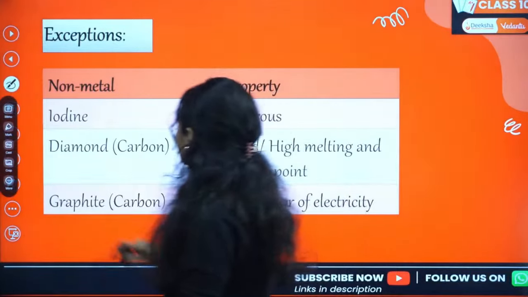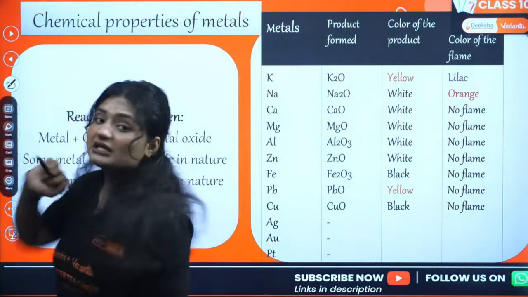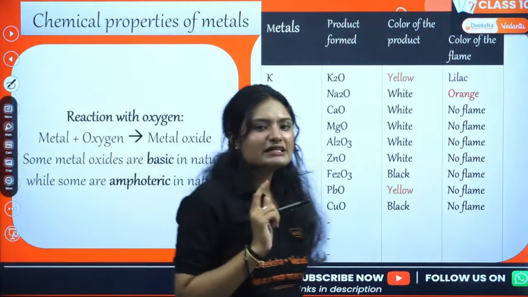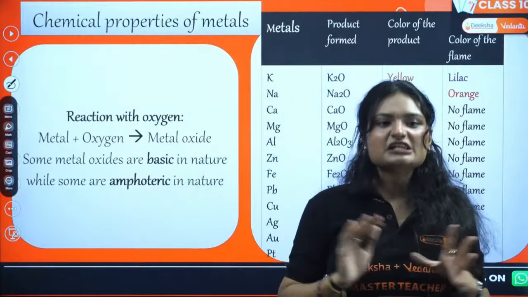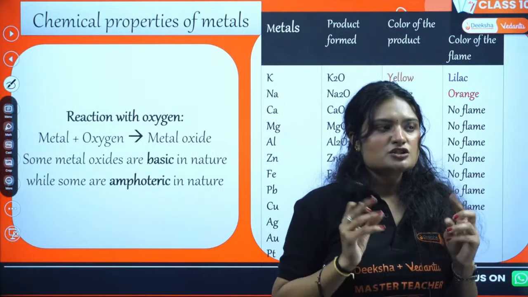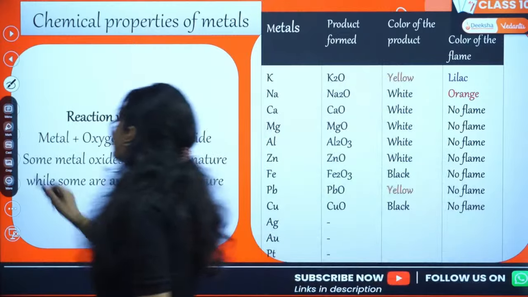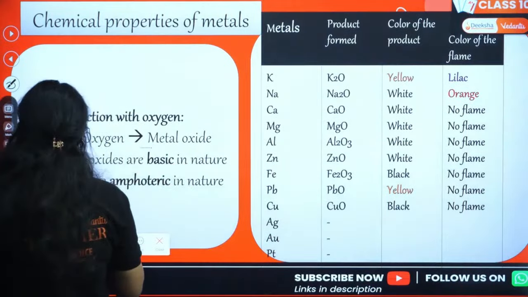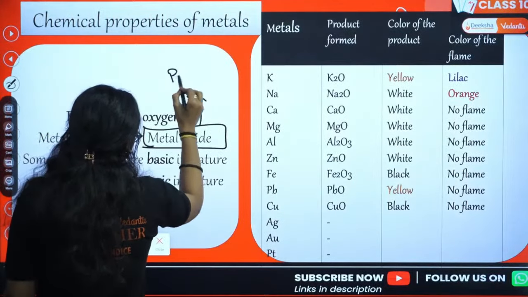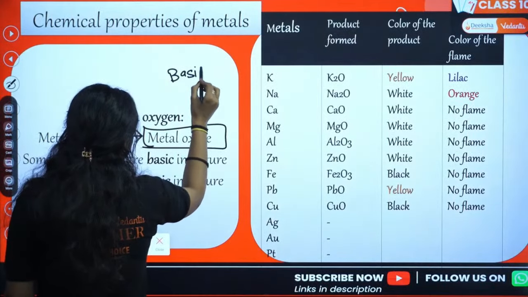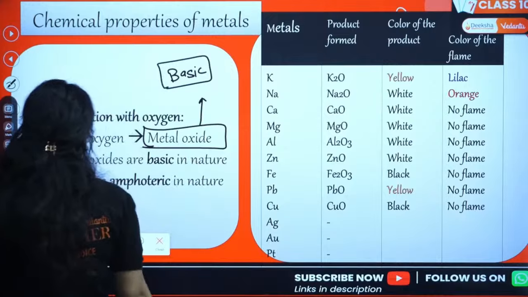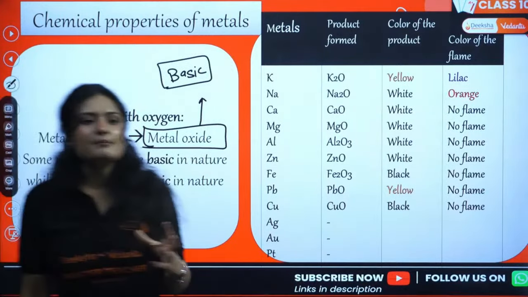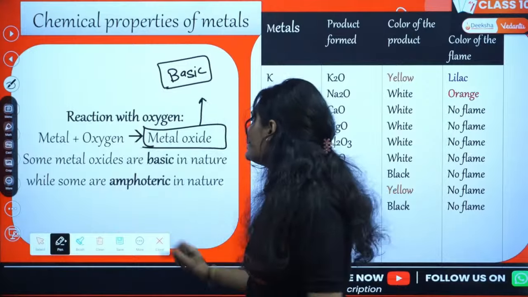Okay. Moving on. The chemical properties of metals. What are the chemical properties of metals? The chemical reactions shown by metals. So metals react with oxygen and they form metallic oxides. Now, what is the nature of these metallic oxides? Yes, these metallic oxides are basic in nature. Some metallic oxides are amphoteric in nature.